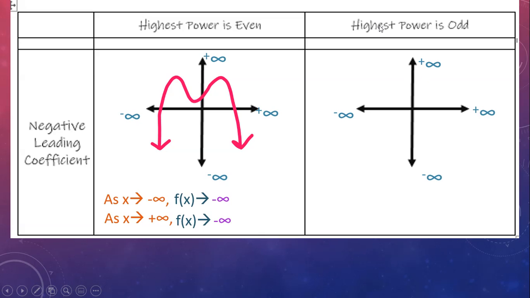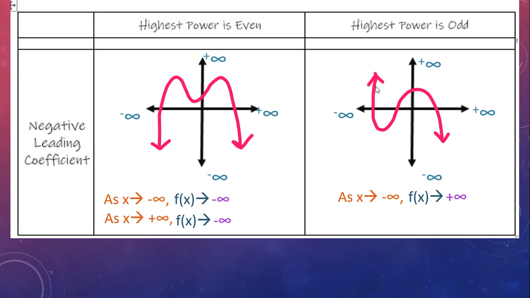Last one. Highest power is odd, still having a negative leading coefficient. Go ahead and sketch this graph. We're going to talk about the left-hand side first. So as x goes to negative infinity, so if we follow this graph left, which way does your arrow point? f of x goes to, or points towards, positive infinity.